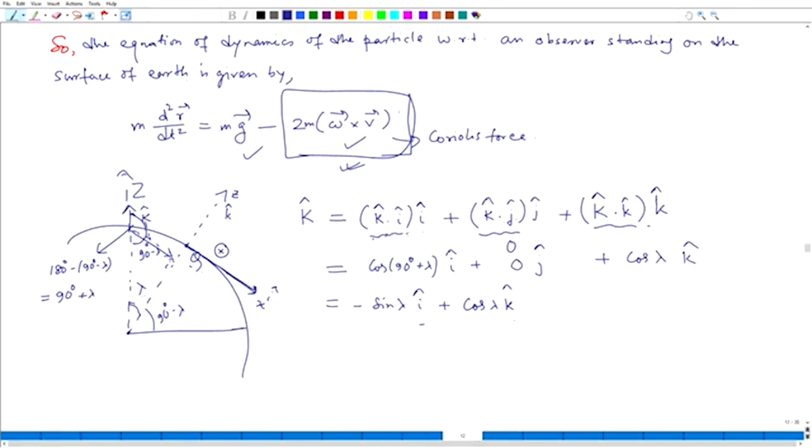So, here this omega should be replaced by capital omega, and here I can write that omega cross V will simply be equal to capital omega K cap cross x dot i cap plus y dot j cap plus z dot k cap.